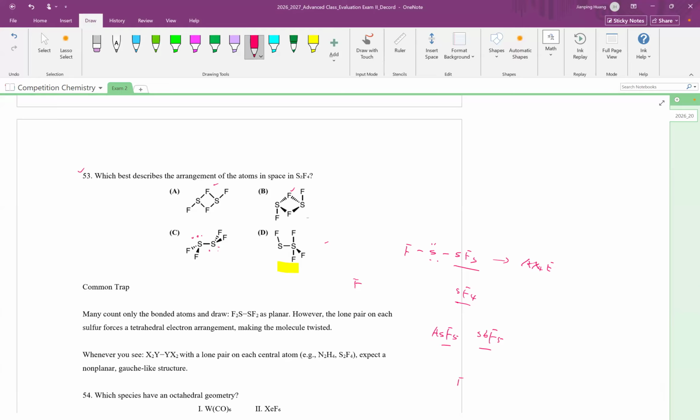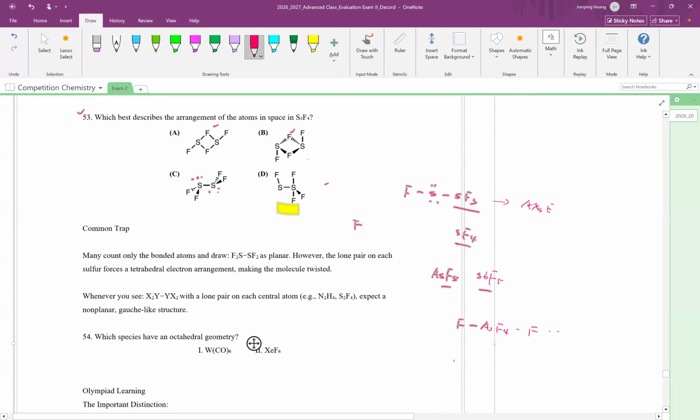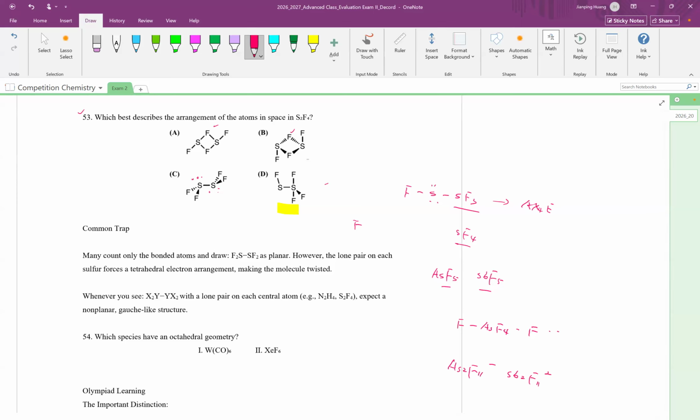It is F, As, F, F. That's the bridge. So you will form what? You basically form this anion, right? I hope you still remember. And Sb2F11 minus. So they do form a bridge.